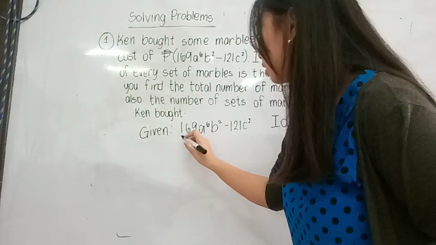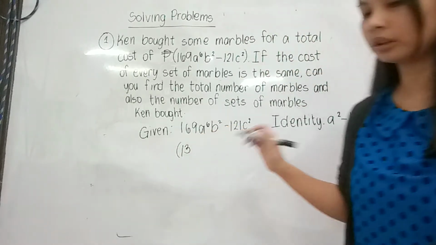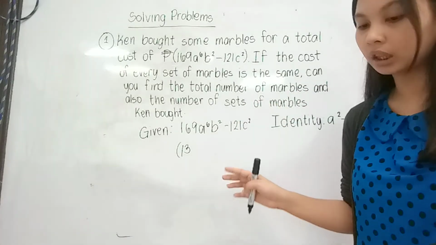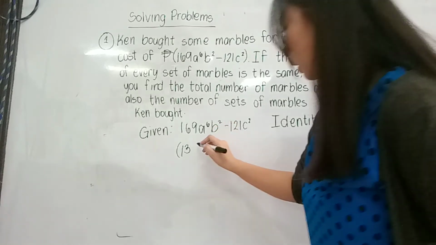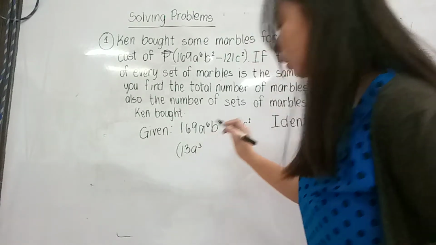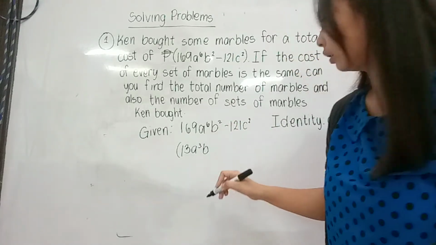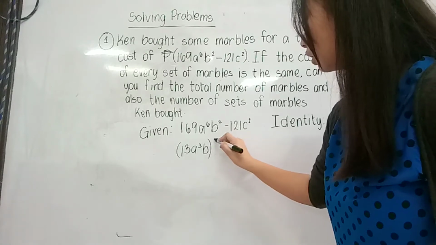Si 169 po is magiging 13. Tama? Kasi 13 times 13 is 169. And then, si a raised to 6 naman is magiging a cube siya. Okay? And then, b. Yun, b lang. Minus, lagyan natin siya ng square dito.